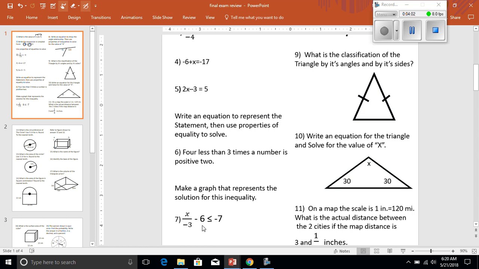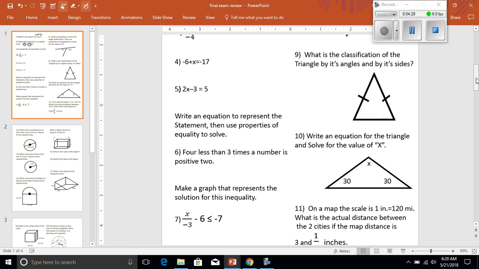And then once we do that, we do it to both sides. Then we find out what they're asking us to do here, which is divide. We do the opposite of division, which is multiplication. We would multiply the number that's in the denominator to both sides in order to find our answer. But let's not forget, when we multiply or divide by a negative number, we have to flip our inequality symbol.